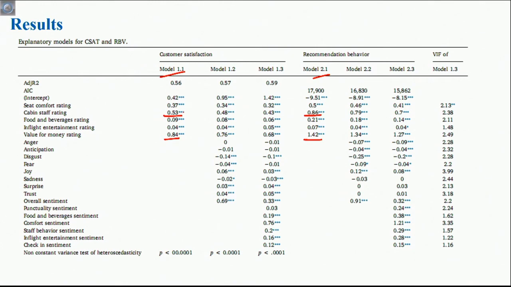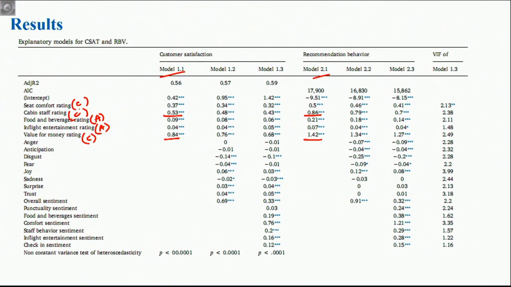Basically, value for money is core, this is a core thing that you expect. Food and beverage is augmented, in-flight entertainment is augmented, and seat comfort I am not sure about. If I just check, I think seat comfort might be core also. So, these three things are basically what you need.